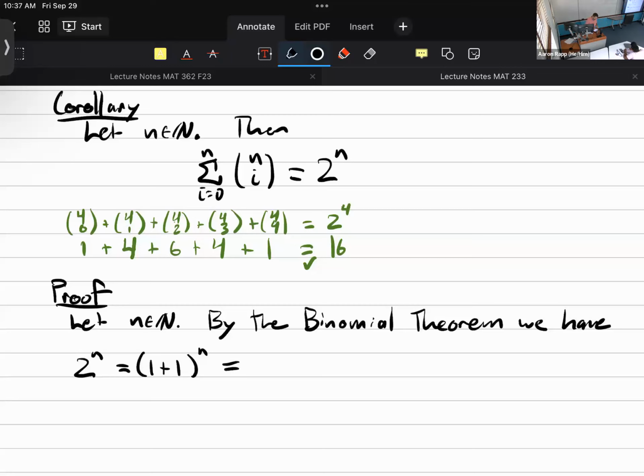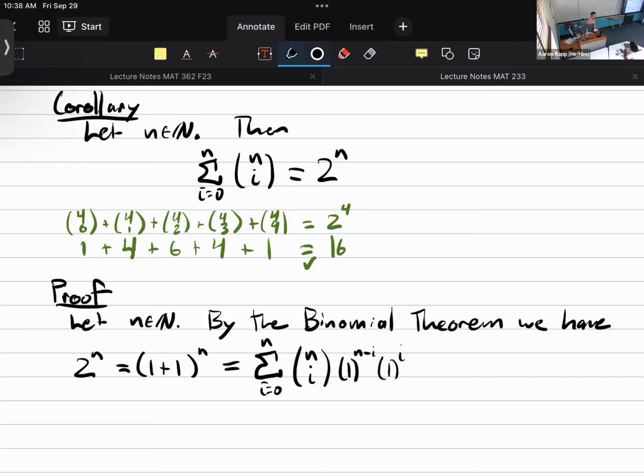So by my binomial theorem, when I expand out this 1 plus 1 raised to the nth power, it's going to be the sum from i equals 0 to n of n choose i times 1 to the n minus i times 1 to the i.